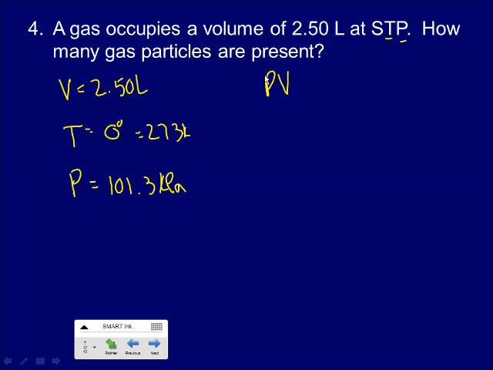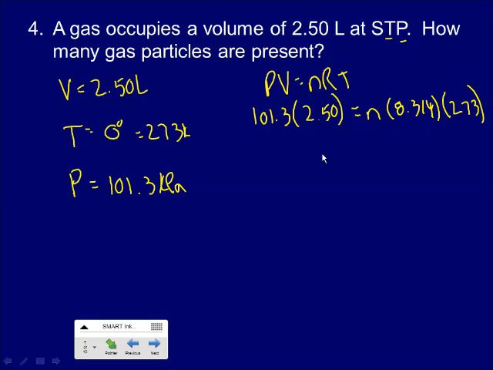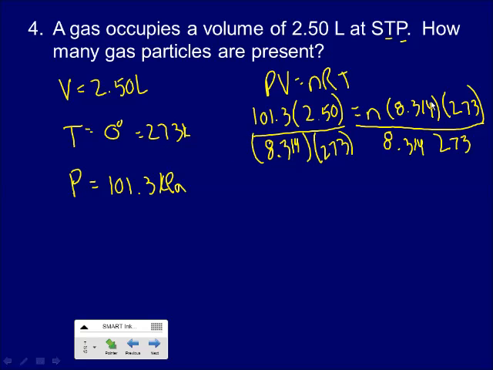Okay, so we're solving. That's an ugly looking N. Looks like an H.